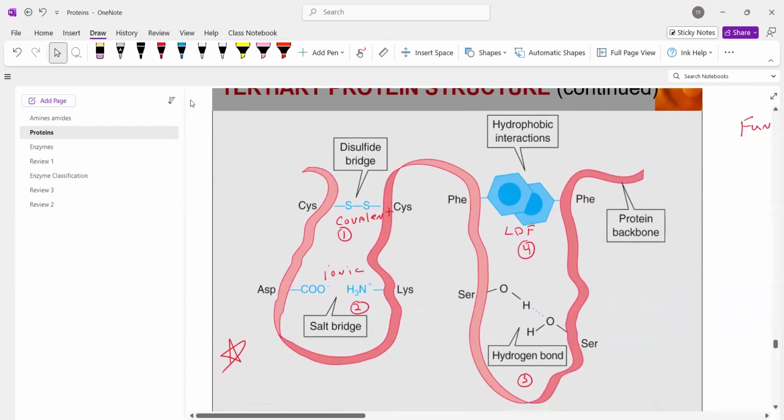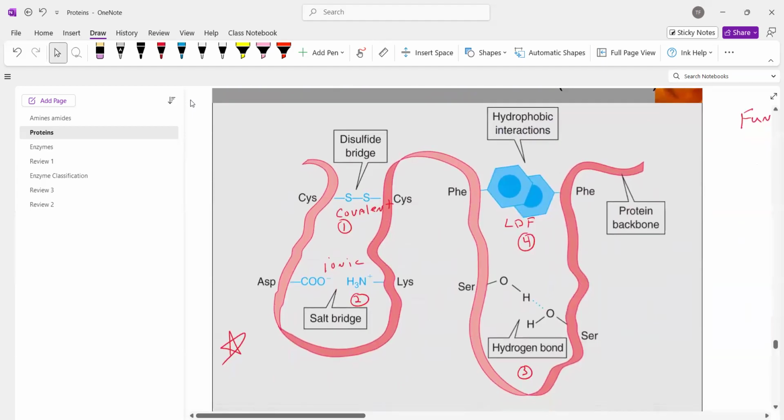Now, these are the typical interactions, and there's actually one more here. Okay, so covalent, this is sulfur to sulfur, very strong, number one.